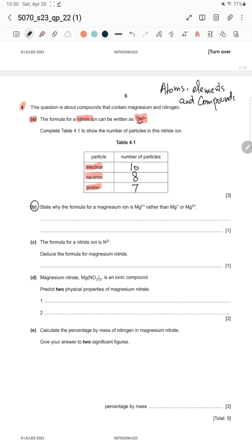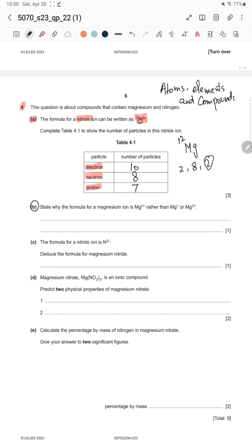Part B: state why the formula for magnesium ion is Mg+2 rather than Mg+1 or +3. The reason is in its proton number. Magnesium has a proton number of 12. When you write its configuration, it will be 2,8,2. So metals lose their valence shell electrons. So it has to lose electrons to become stable and attain the configuration of noble gas, that is neon.